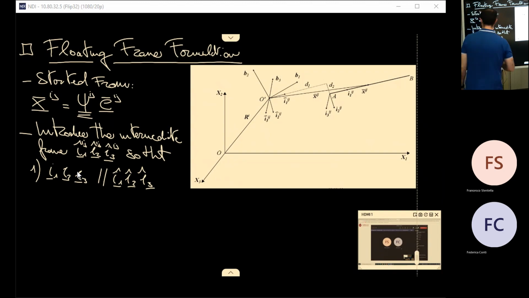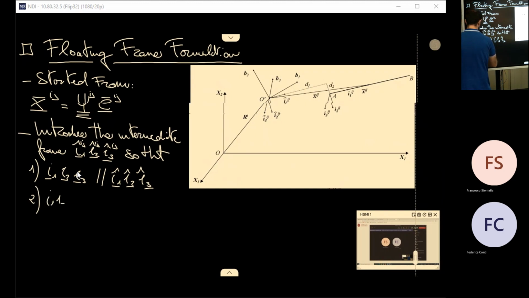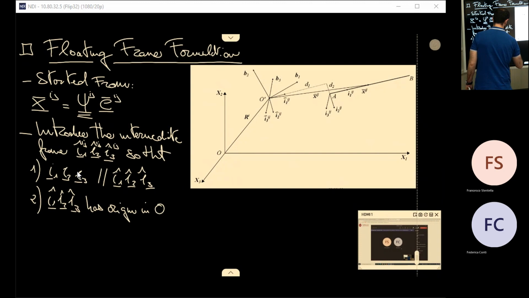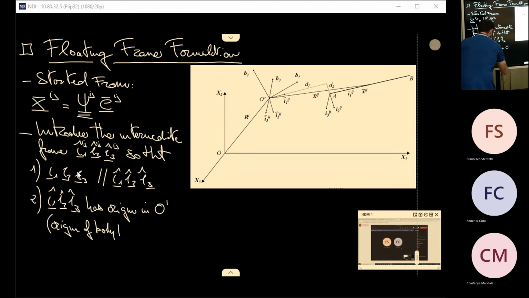Then we will see again. And secondly, I1, I2, and I3 has its origin in O prime, which is the origin of the body frame, the body frame B1, B2, and B3.